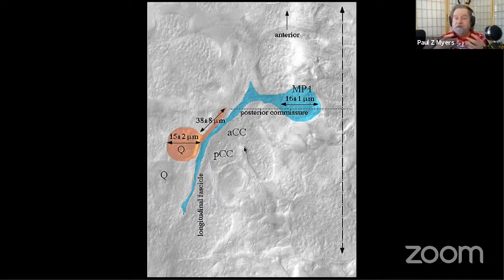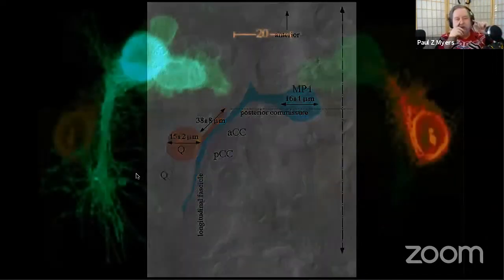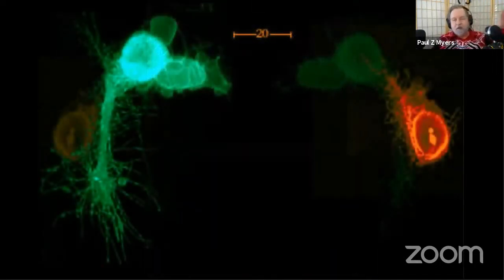But you can just sort of see these coming together. And once you've got that mental search image, you can go in every segment and find these cells over and over again and do experiments on them. So I was doing experiments like here I've stained MP1 blue and Q red, and that's just to reflect the fact that I also did experiments where I stained them with lipophilic dyes.